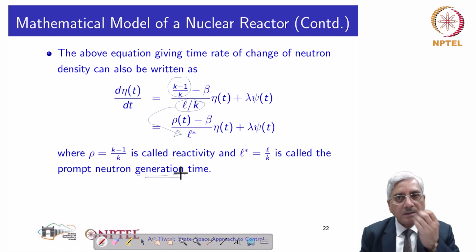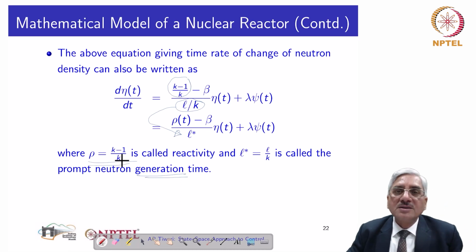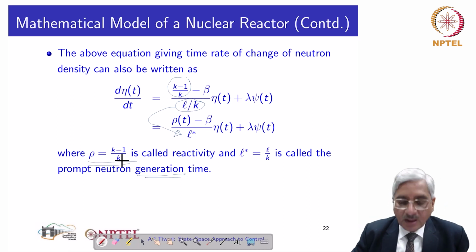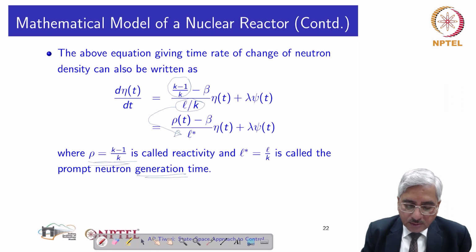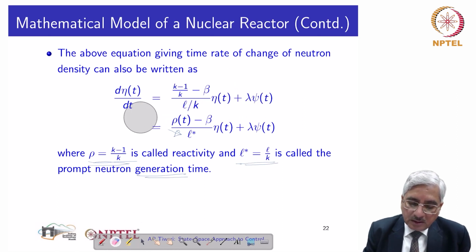L is the prompt neutron lifetime here, and this (K minus 1) by K is called reactivity. So we introduce this notation and this notation. So this expression further simplifies to this expression. Let me keep it clean.